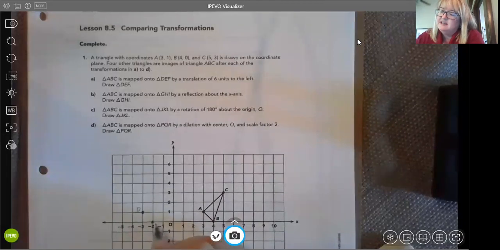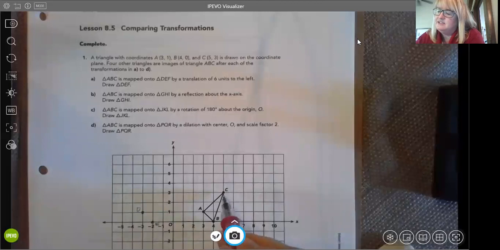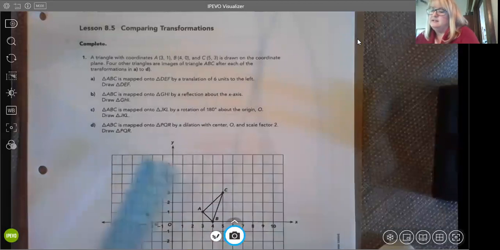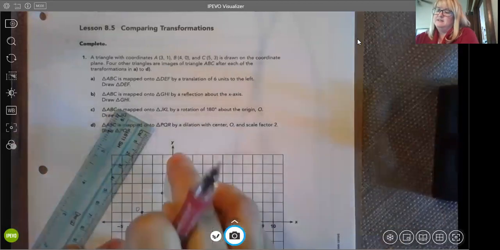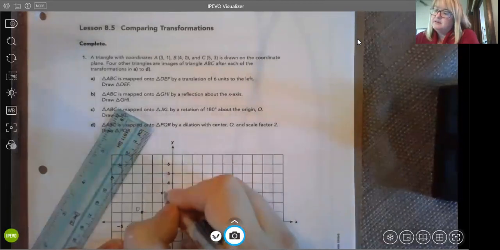This is E. And then F is where C is 6 units to the left. So this is 5 units, and then one more makes 6. And that is F. All right, D, E, F.